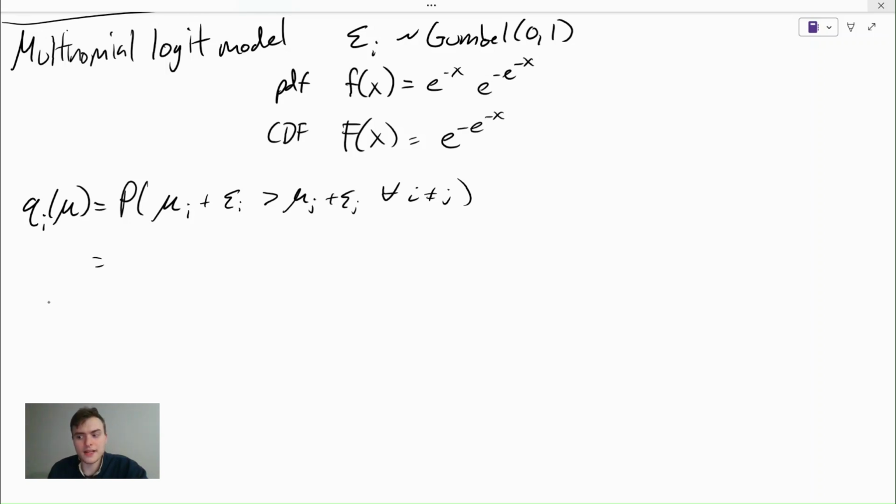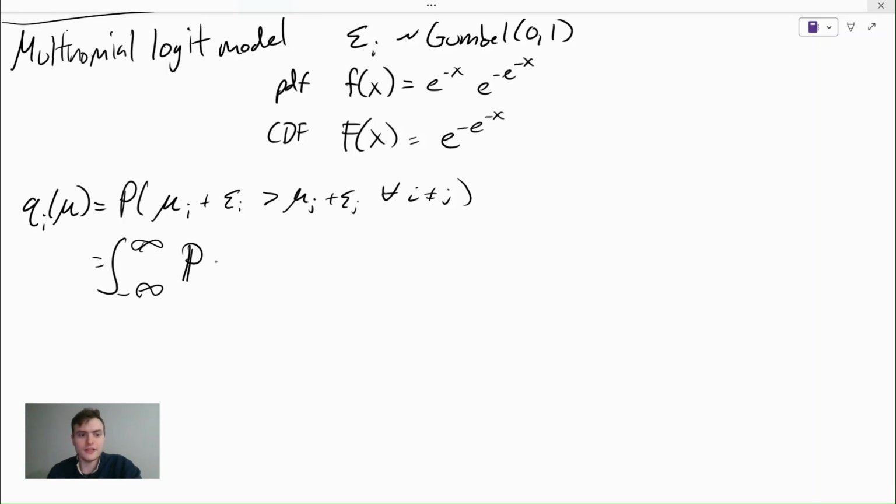And then we can substitute in this PDF, because that gives us the probability of a certain eps_i value. And then we'll have to deal with all the other eps_j values. Since that's a little complicated, let's break the notation into two steps, right?